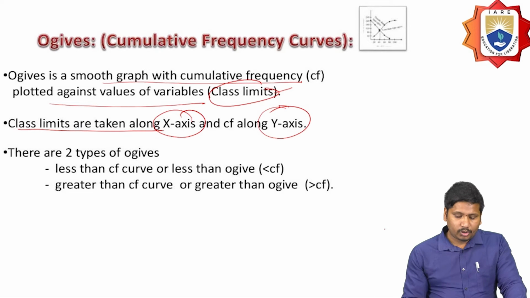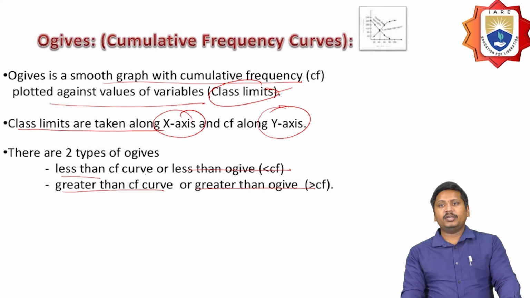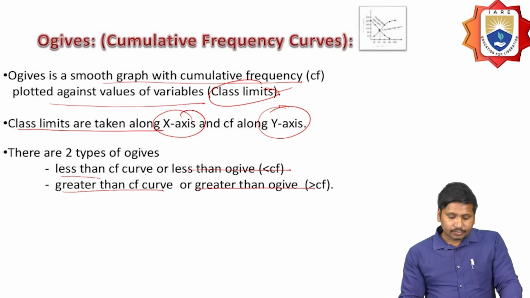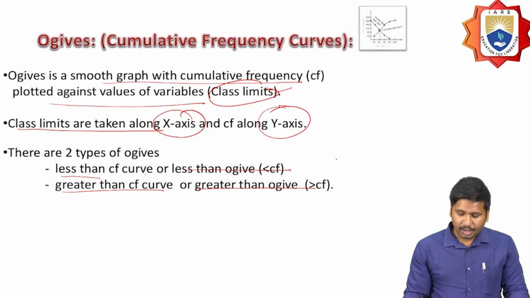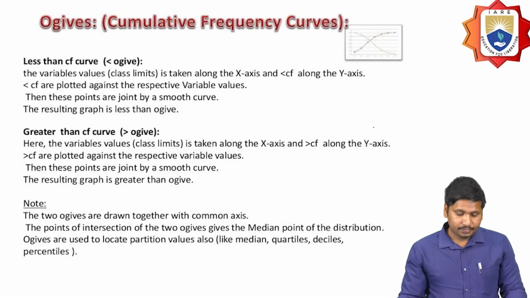And there are two types of ogives: the less than cumulative frequency curve, the less than ogive, is one type, and the greater than frequency curve, the greater than ogive, is the other. So we have two types of ogives: less than CF and greater than CF ogive.